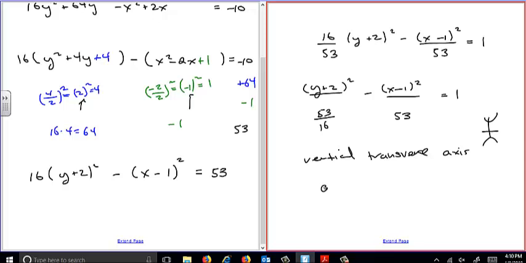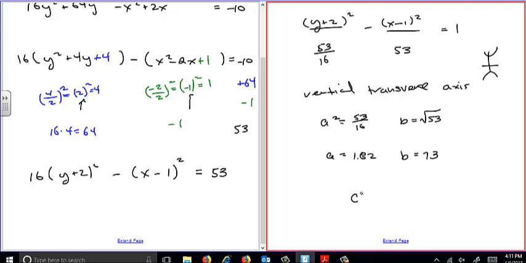So a squared is equal to 53 over 16. So a is the square root of that, and we're just going to come up with a decimal number. 53 divided by 16, take the square root of that, we get 1.82. And b is going to be the square root of 53, you get 7.3.